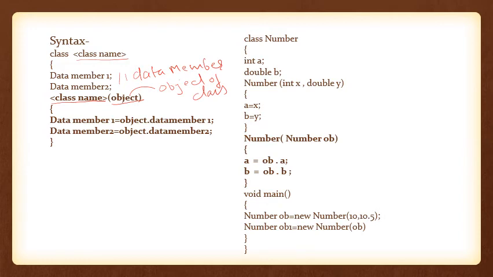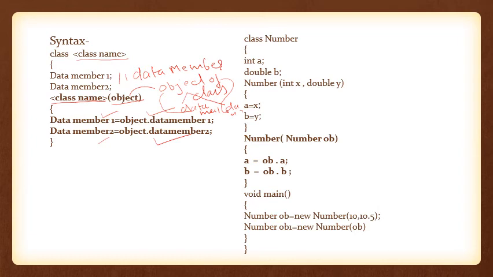An object of a class always has data members. So it has two data members, data member 1 and data member 2. How can we refer to them? Object dot data member 1, object dot data member 2.